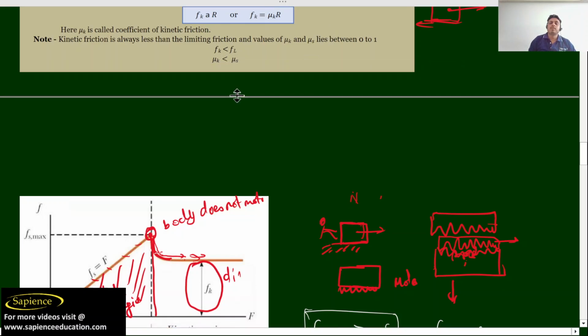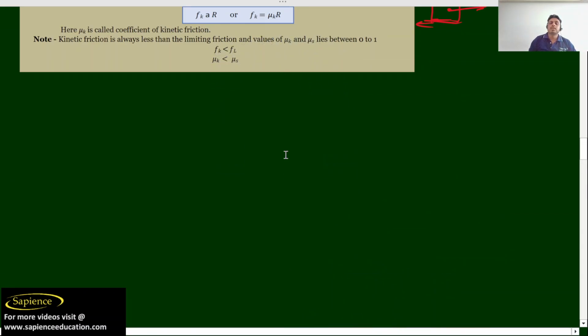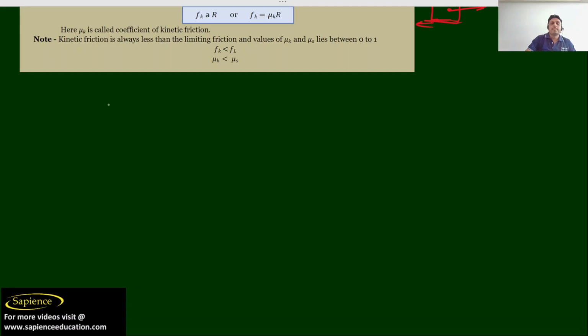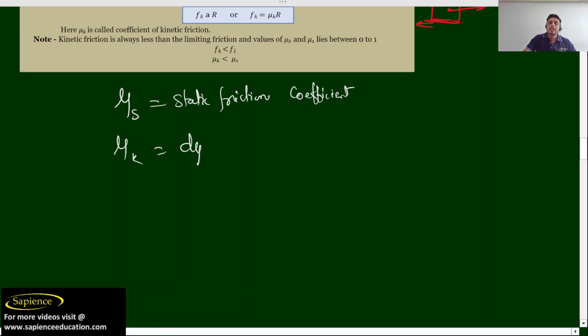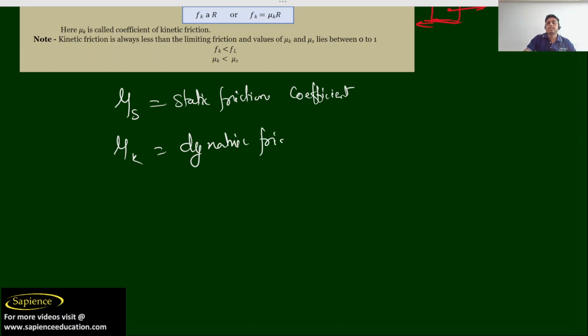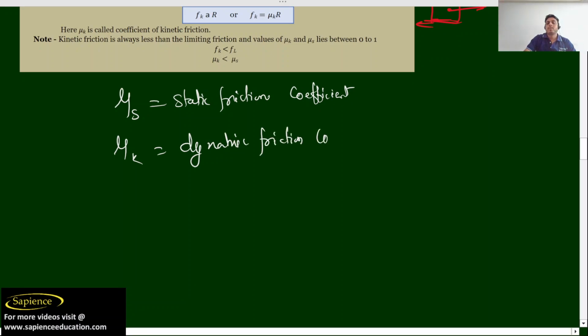First is mu s, your static friction coefficient. And another is mu k, your dynamic or kinetic friction coefficient.